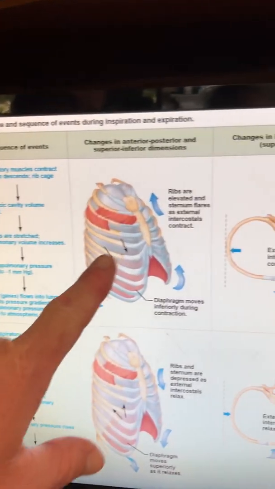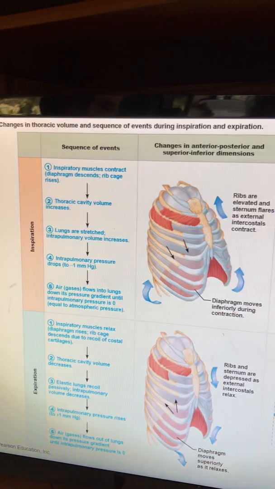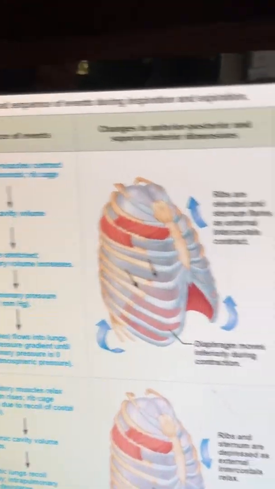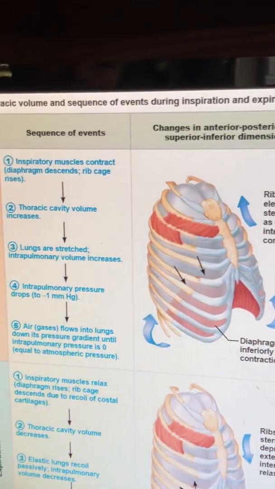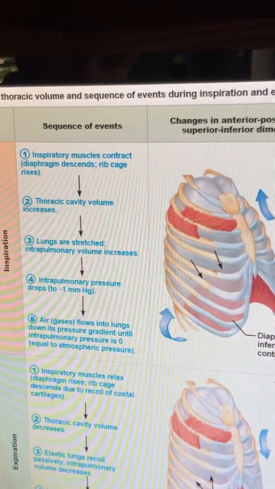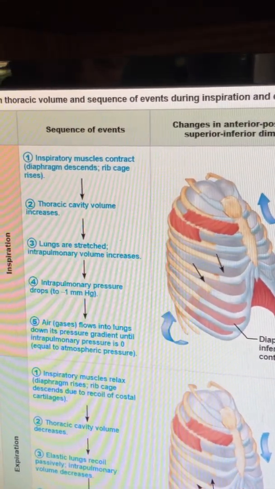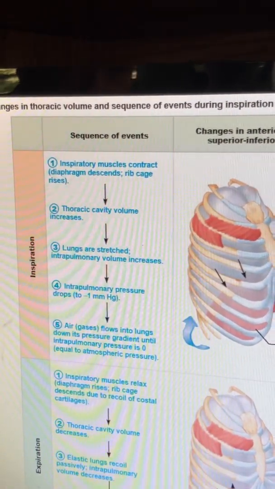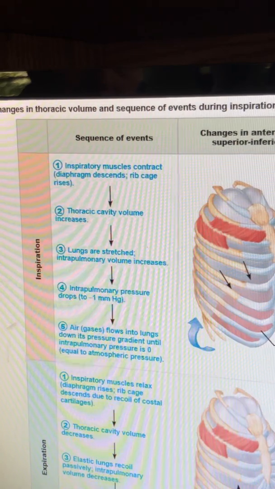Under inhalation, which is this top portion, and they list it as inspiration, you are going to have your diaphragm drop. So the diaphragm will descend, the rib cage will rise, and as that happens, the thoracic cavity volume will increase. The lungs are being stretched.